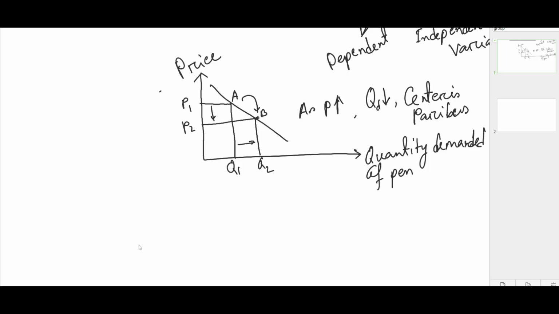Now, one question that arises in your mind is why the demand curve is downward sloping. There are two effects working behind this downward sloping demand curve.